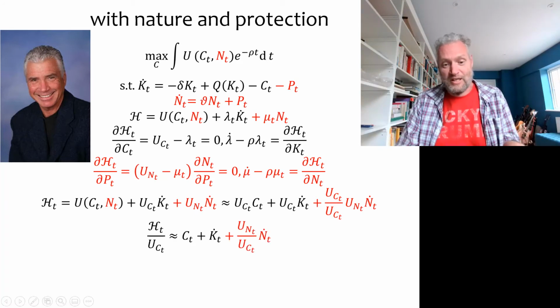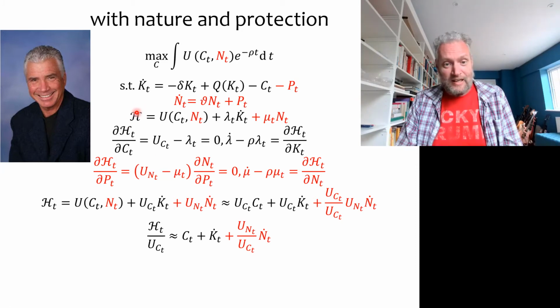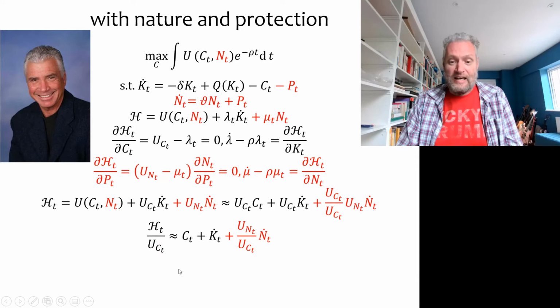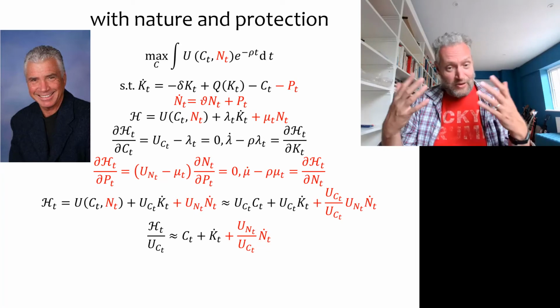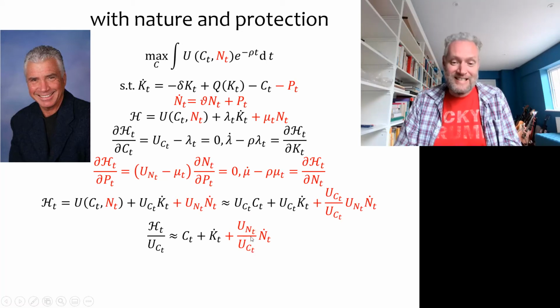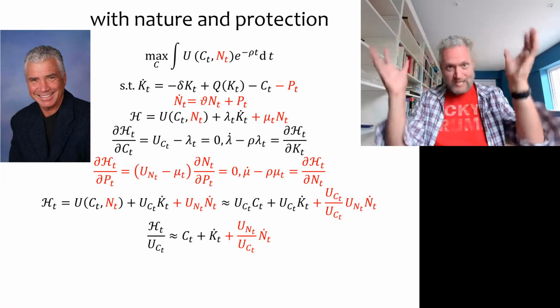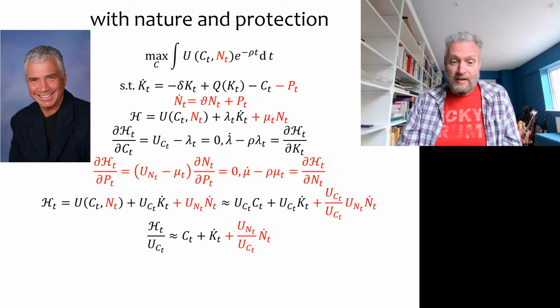Then we bring u sub c to the other side of the equation, and we have again gone from a Hamiltonian in utils to a Hamiltonian in dollars or in pounds or in euros, and that equals consumption plus the change in the capital stock, so investment minus depreciation, plus the change in the natural environment times the marginal utility of nature over the marginal utility of consumption. So this essentially translates your natural environment into monetary terms. That is what this does.